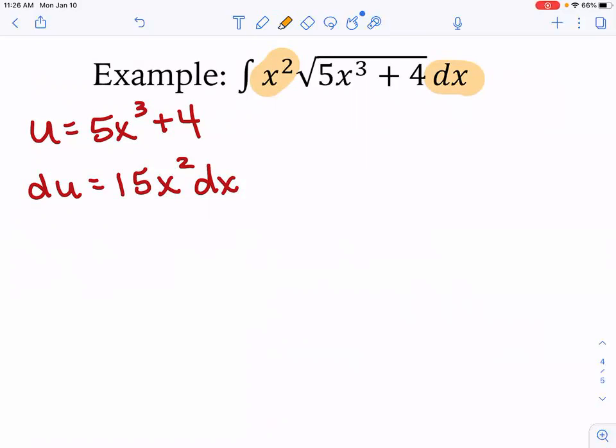I don't see 15x squared dx. So we can take this 15 and move it over to the du. 1/15 du equals x squared dx. And now we have a substitution that we can make.